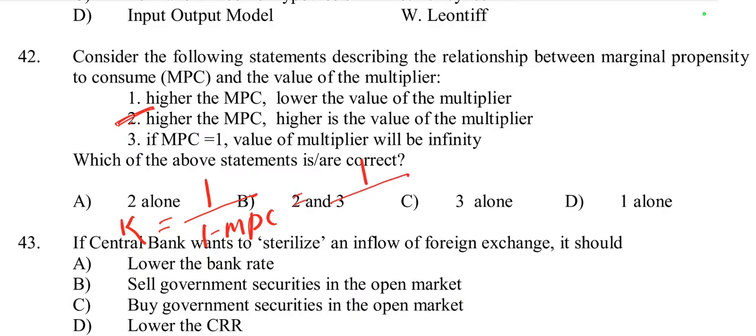Because if the MPC value is 1, then 1/(1 - 1) is 1/0, which is infinite. We cannot find its value. So if MPC is equal to 1, the value of the multiplier will be infinity.